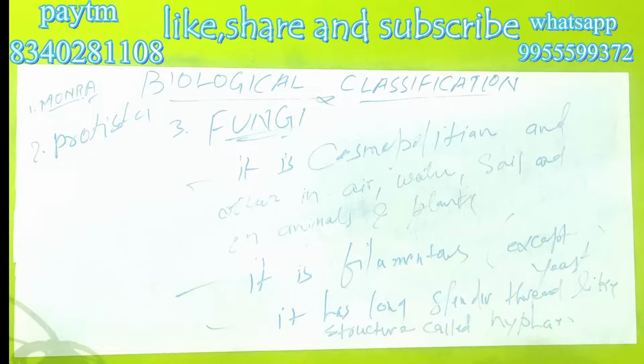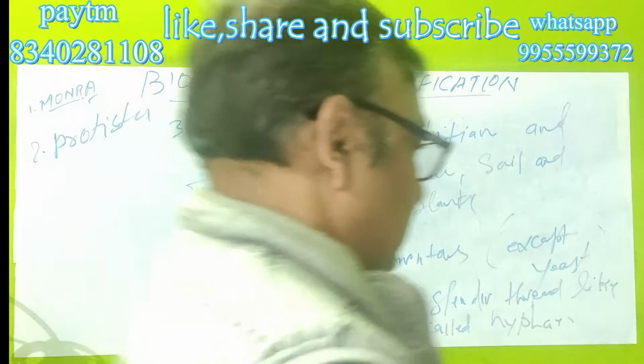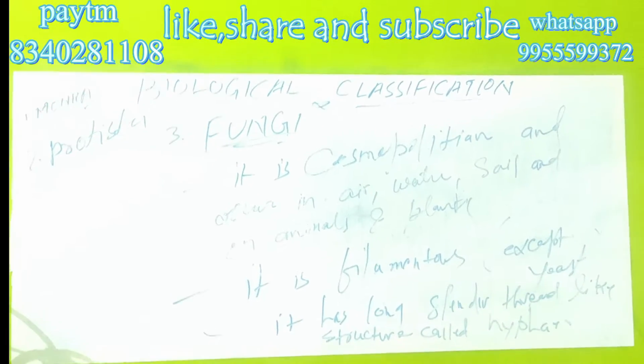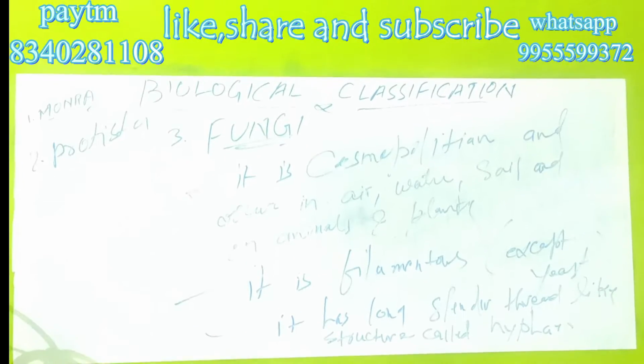So fungi occur in air, water, soil, and on animals and plants. It is filamentous except yeast. It has a long slender thread-like structure called hypha. So these are the common characters of the fungi.